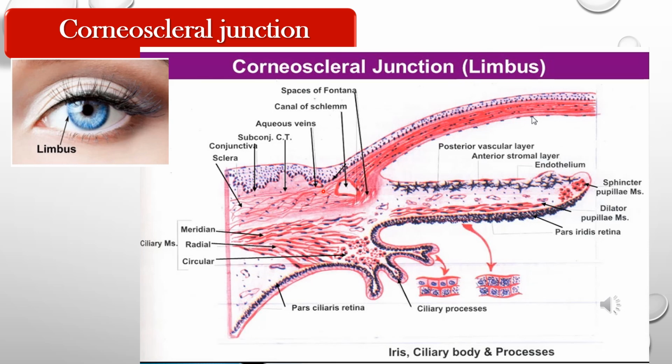At this point, a circular canal appears, called the canal of Schlemm. This canal surrounds the limbus.